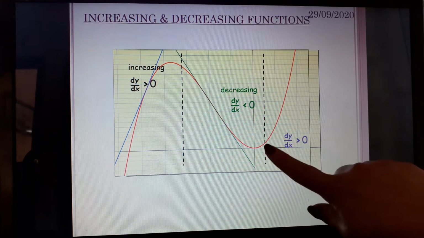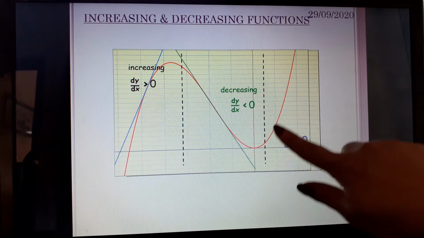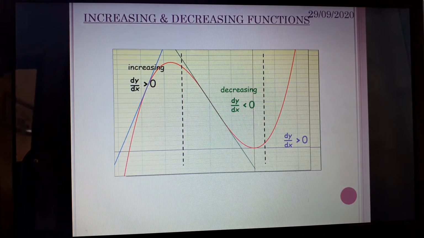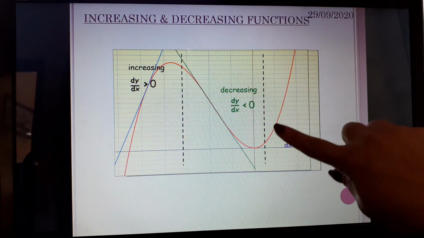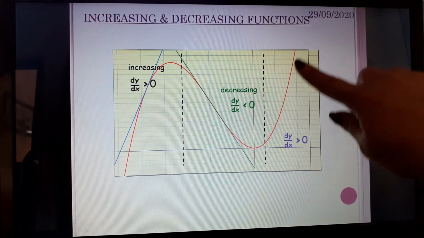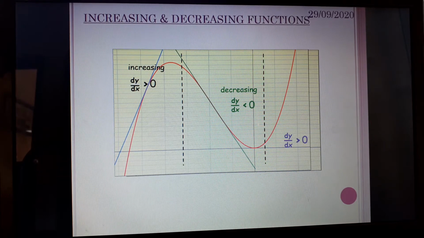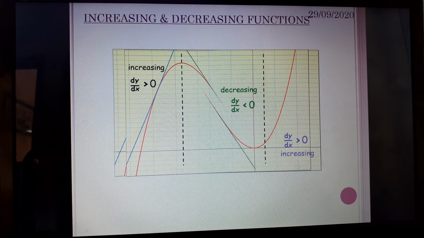And now we're looking at this part of the graph, where the graph is increasing again. It's going up the way from left to right. And again, the gradient of the tangent at any point on that graph would be positive. So if the gradient is positive and the gradient is equal to dy by dx, that means dy by dx will be positive. So for an increasing function here, we have dy by dx greater than 0.